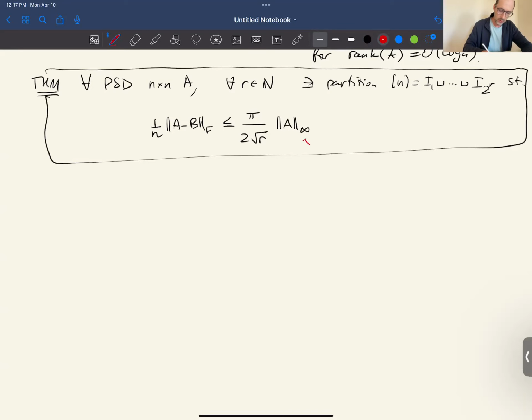So this one is just the L infinity norm. This is the maximum entry in absolute value. B, just like before, it averages A on this partition. And yeah, that's the result.